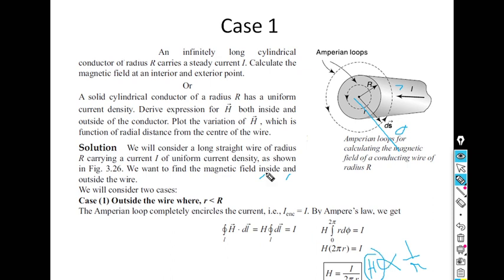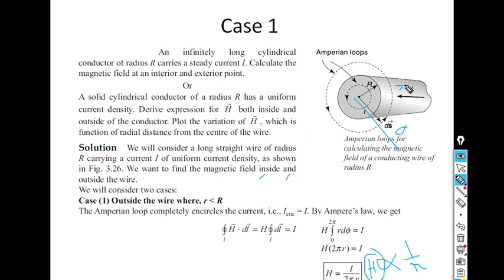Now what about the field strength inside this conductor? We were talking about outside the conductor. Now what about inside? To find the magnetic field strength here, we have to find the current density.